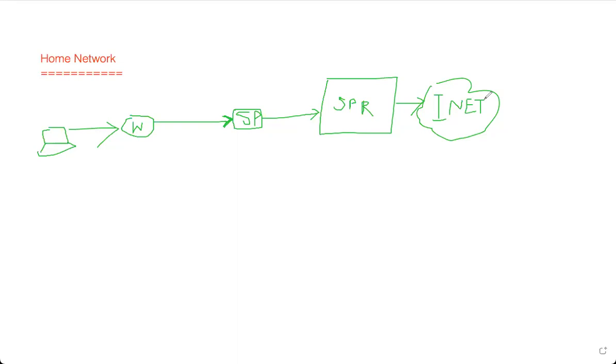So in this case, when we are trying to go to google.com on the internet, the packet from the home router comes to the Wi-Fi router.